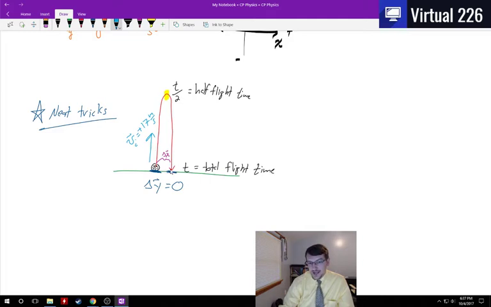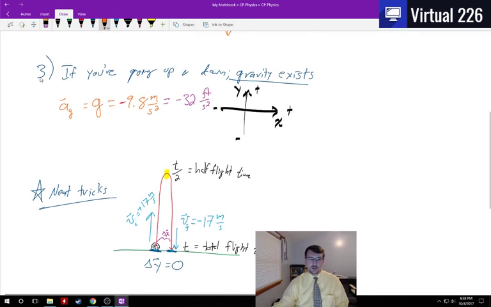Whenever it comes back down and gets to this exact same height, so it started at the ground and ends hitting the ground, when delta y is 0, the final velocity is the same magnitude, same size, 17, but this time in the negative direction. So if you start at a point, go up and come back down, not only do you know delta y is 0, if you know the initial, you also know the final. It's negative.